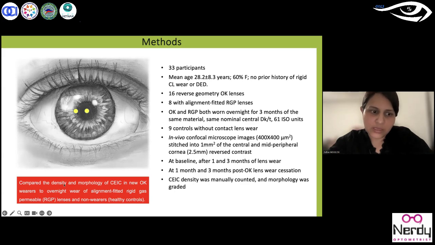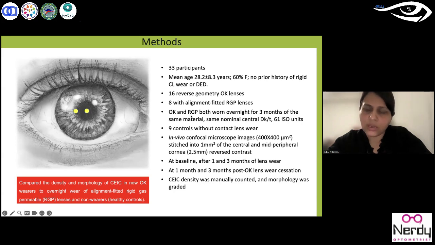To check this, we recruited 33 participants. The mean age was 28.2. These participants did not have any history of rigid gas permeable lens wear or dry eye, but they did have a history of soft contact lens wear. So this was a limitation of the study. Sixteen people wore reverse geometry orthokeratology lenses, and 8 wore alignment fit RGP lenses.